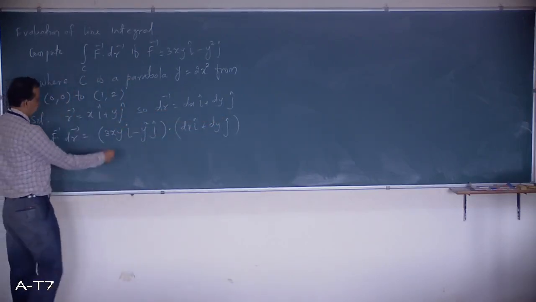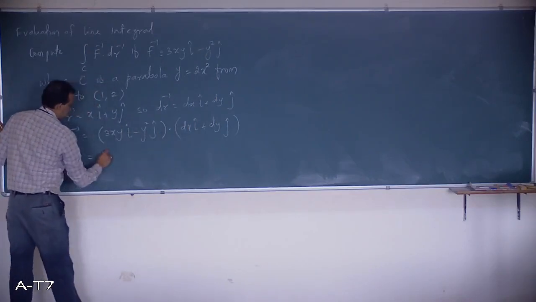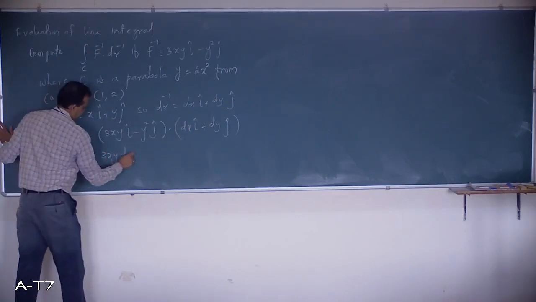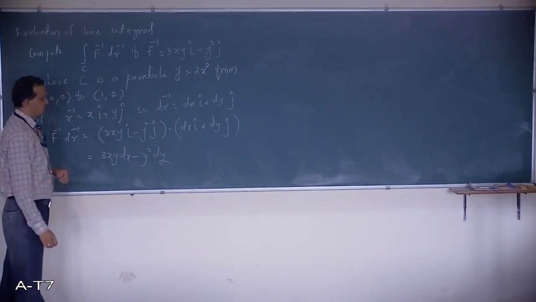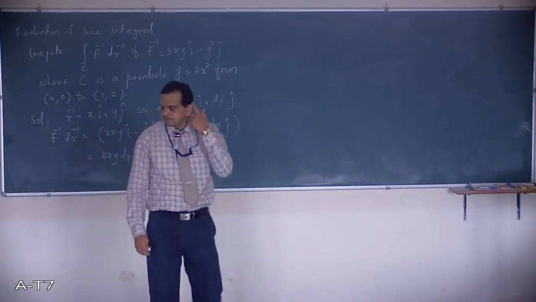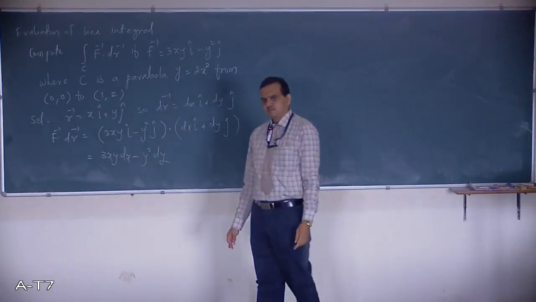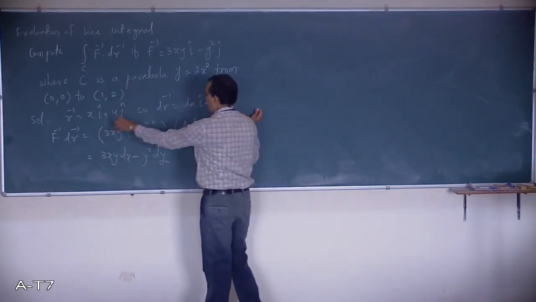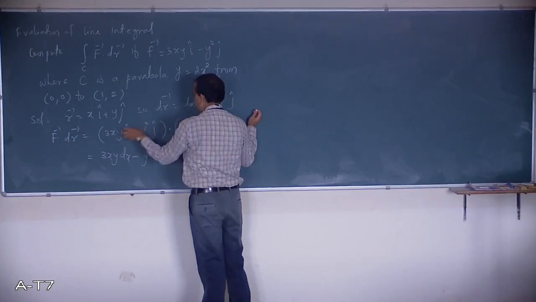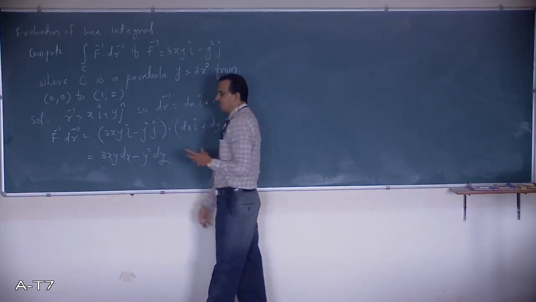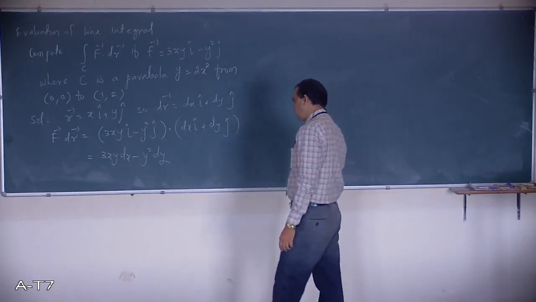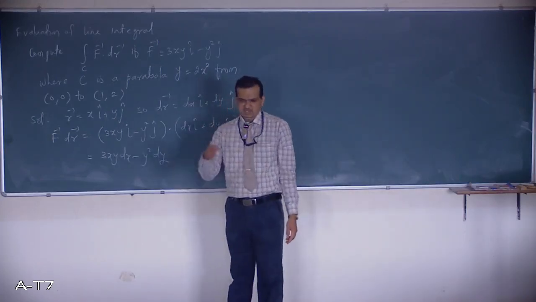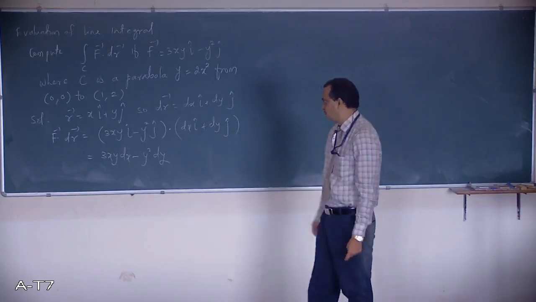It is just the component-wise product: i to i, j to j. Remaining terms are 0, since i dot j and j dot i are perpendicular and hence their product is 0.